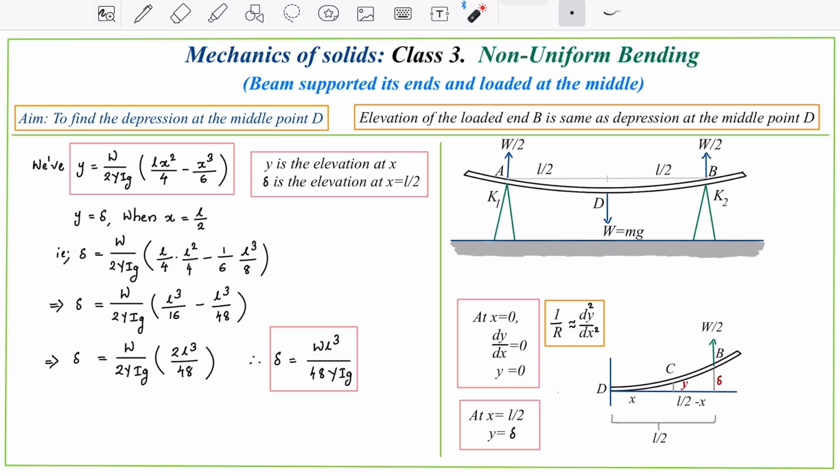And we have made an assumption that this non-uniform bending is equivalent to the bending corresponding to two inverted cantilevers, and the depression at the middle point is the same as the elevation at the loaded end of the cantilever. That is, the depression at the middle point D is the same as the elevation at the loaded end B of the cantilever.